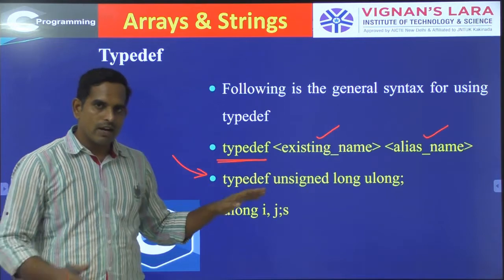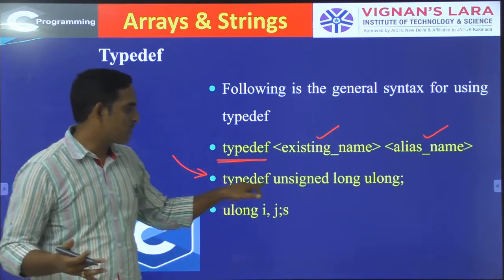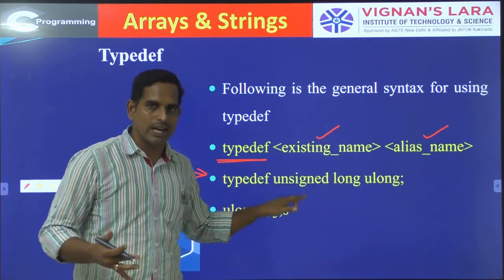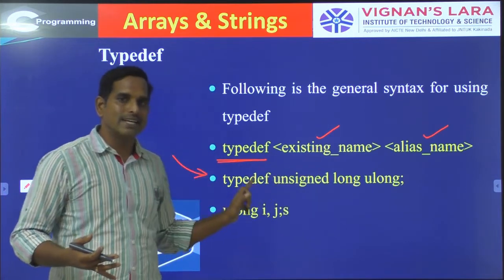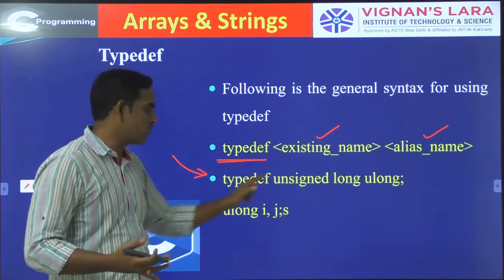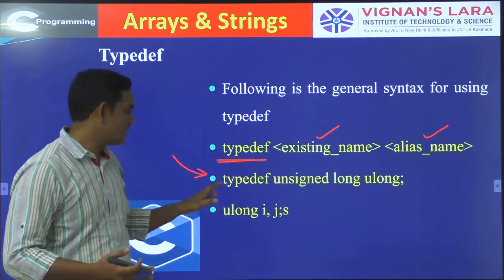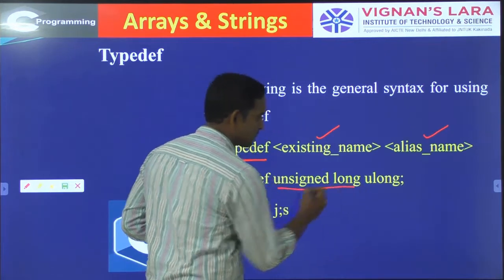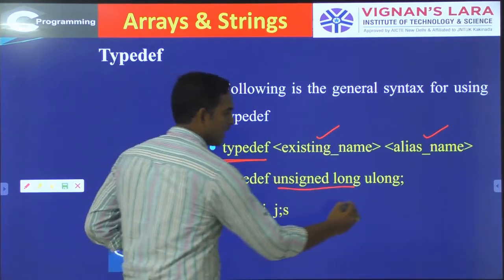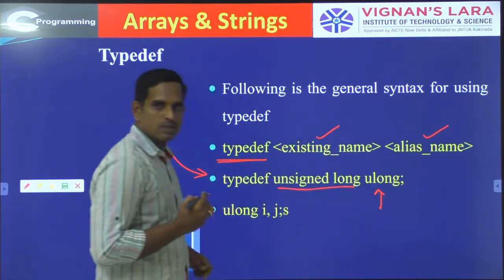You have a data type called unsigned long in C language. Instead of writing unsigned long, you can have an alternative name: Typedef unsigned long, where unsigned long is your existing name, and you can name it ulong.